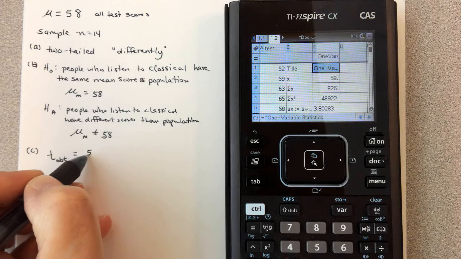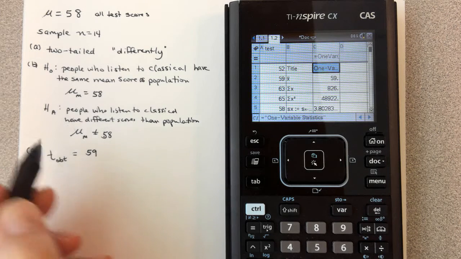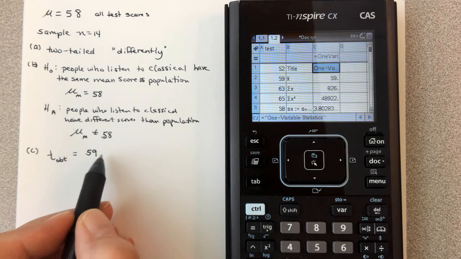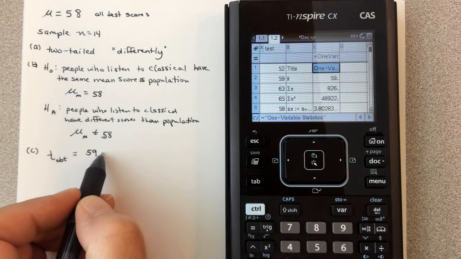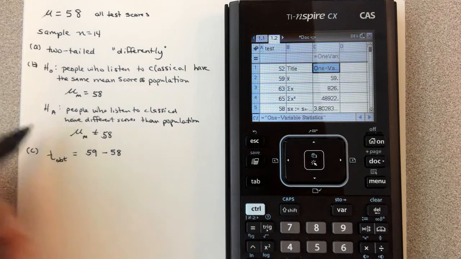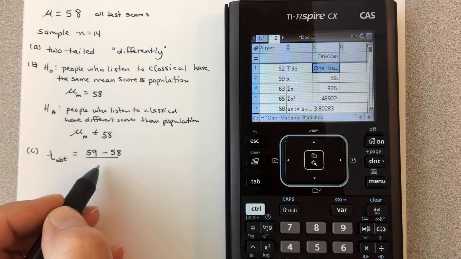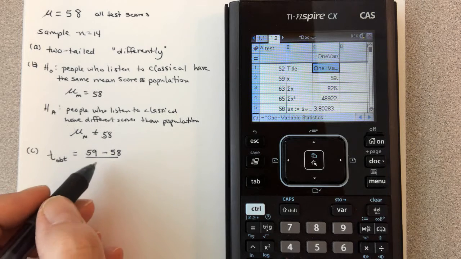So we take the observed sample mean first when we calculate a t-score. It's exactly like a z-score. You do observed minus expected, which is your mean. The mean is 58. That's the mean of your population that we started out with, over the standard deviation. And there's a formula for that.